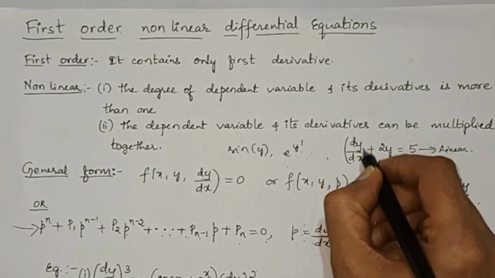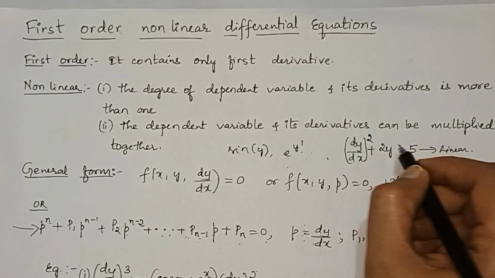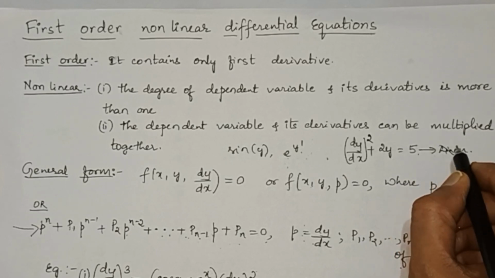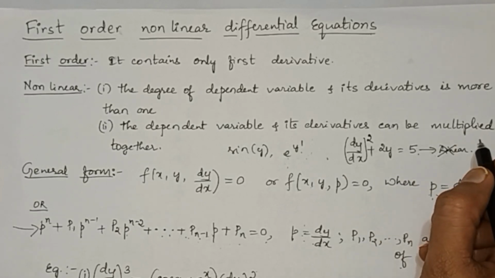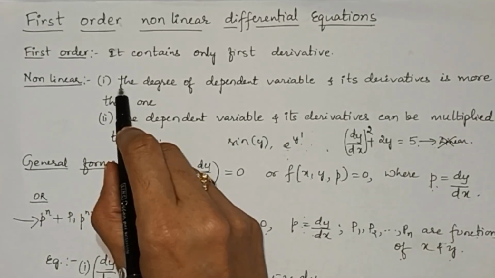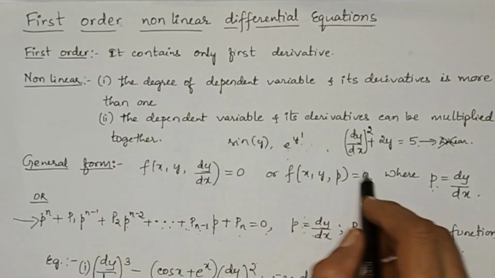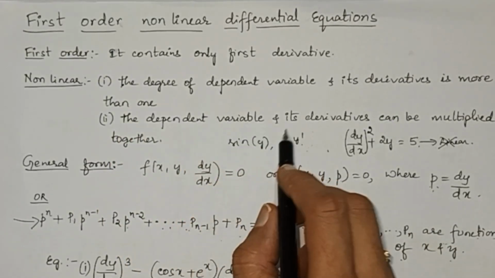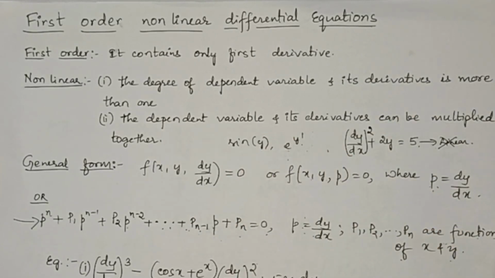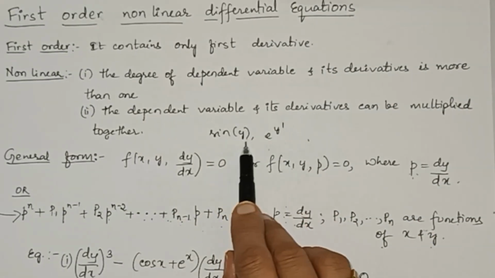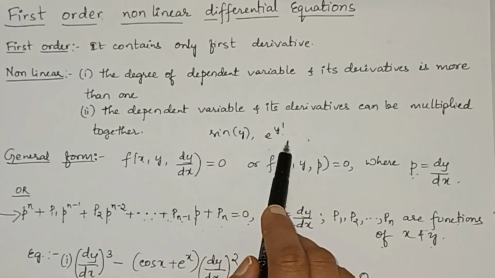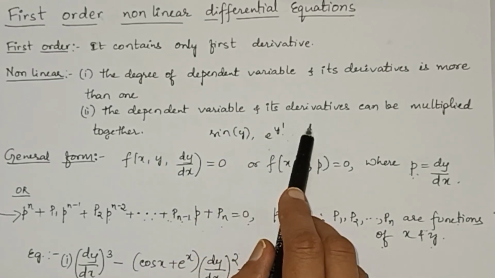Suppose I write dy by dx whole square plus 2y equal to 5. In that case it is not linear, it becomes a nonlinear differential equation because this condition is satisfied. Any one factor that makes it nonlinear is enough. So in such cases also, the first order differential equation becomes a nonlinear differential equation.